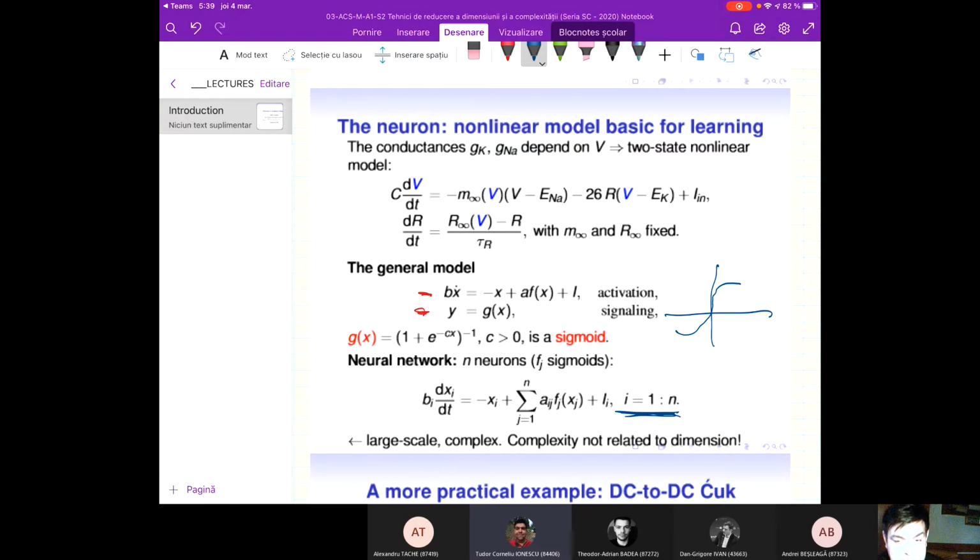So this is a large-scale complex model, but even if n is small, due to the equations that govern each neuron, you still get a complex model. It's complex because it's nonlinear, because it contains these interesting sigmoid functions. So this is another example of a model that can have limited dimension but can still be complex, because it's difficult to compute.